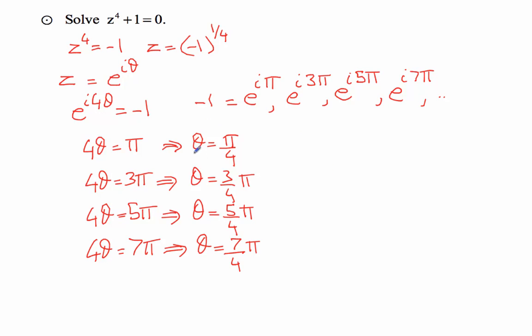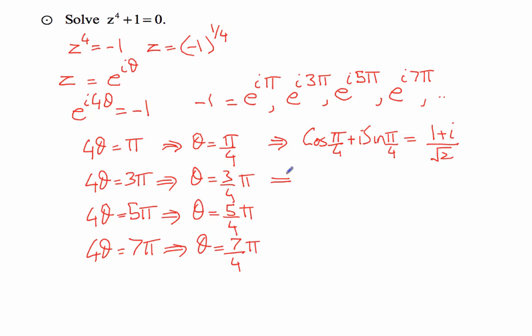So now that we have the thetas, that says that we have the fourth roots. So the fourth root of minus 1, one of them will be cosine of pi by 4 plus i sine of pi by 4, and that's 1 plus i over square root of 2, because cosine of pi by 4 is 1 over square root of 2, and sine pi by 4 is also 1 over square root of 2.